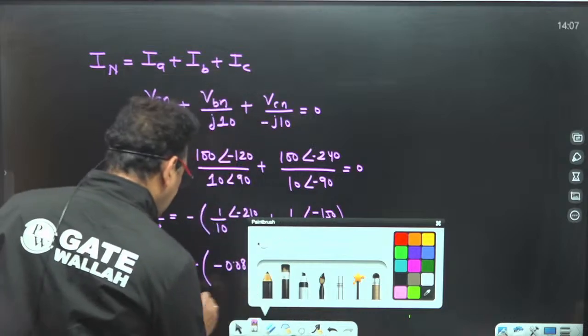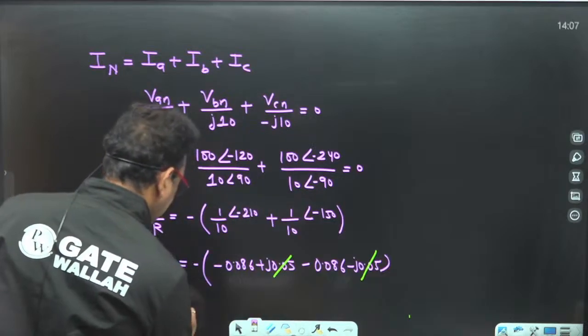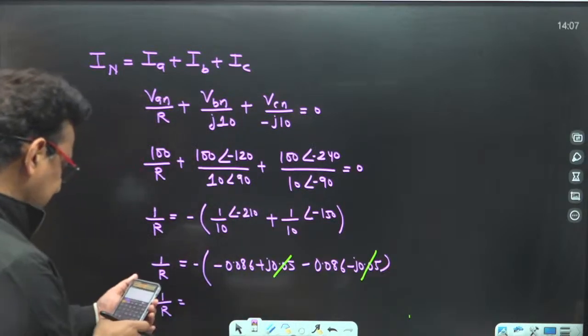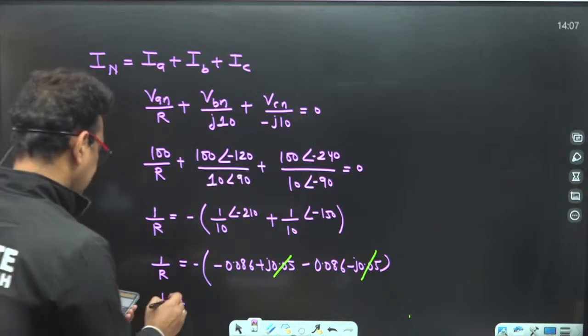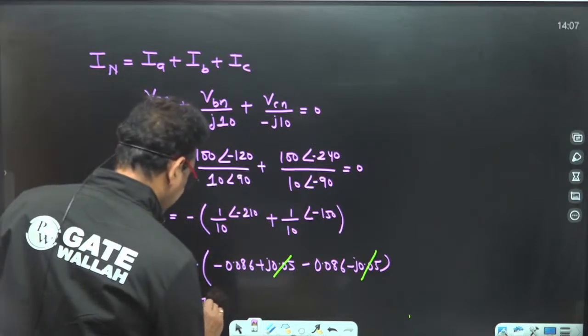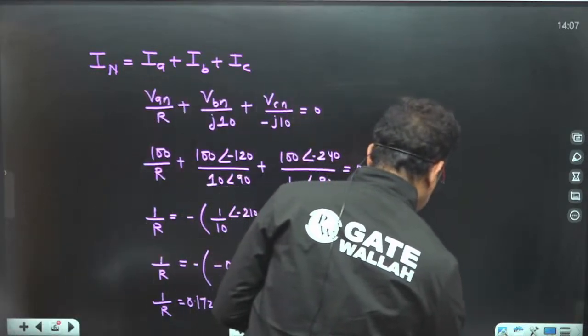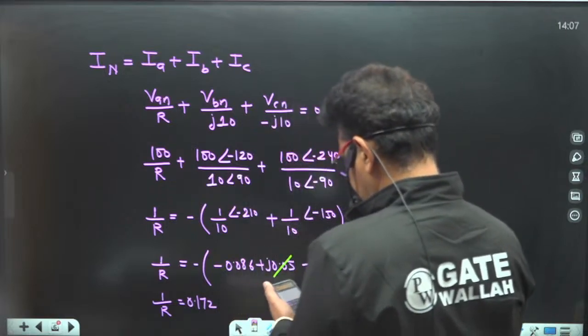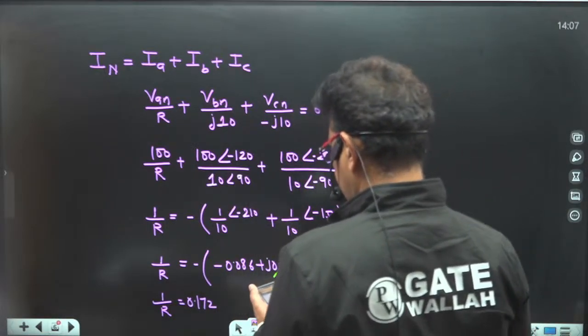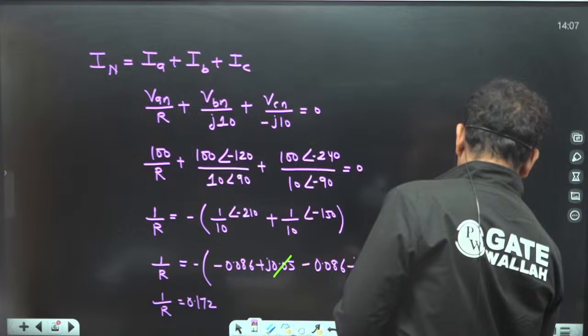So 1 upon R is 0.086 into 2, that is 0.172. So the resistance will be the inverse of 0.172. So 1 upon 0.172 is 5.813.